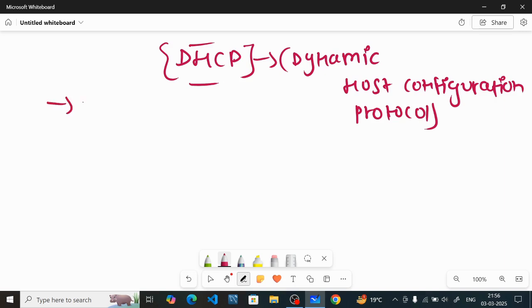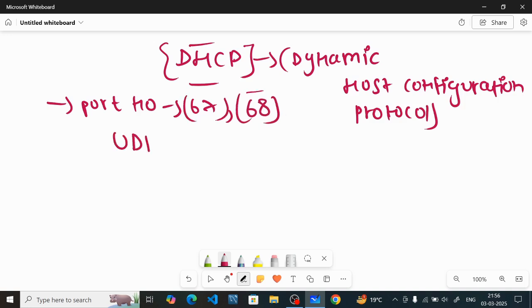And what is the port number of DHCP? It uses two port numbers. One is 67, one is 68. 67 and 68 both are UDP ports.